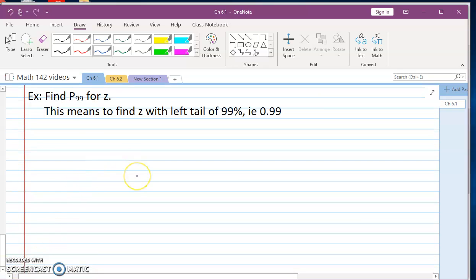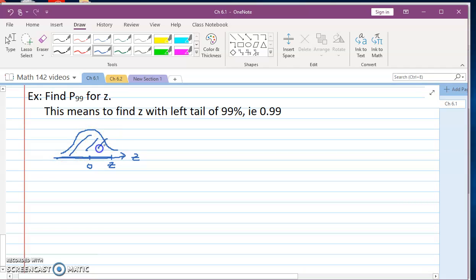So let's do an example, P99 for Z. What is this particular Z? It must be a big number that is higher than 99% of all.